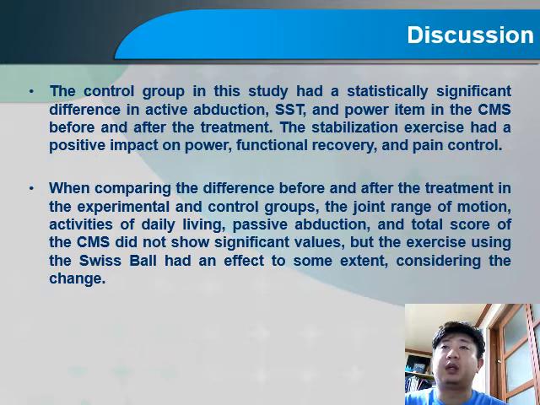When comparing the difference before and after the treatment in the experimental and control group, the joint range of motion, activities of daily living, passive abduction, and total score of the CMS did not show significant values, but the exercise using the Swiss ball had an effect to some extent, considering the change.